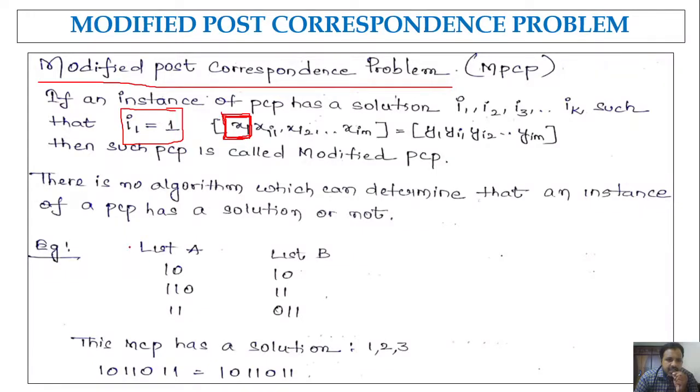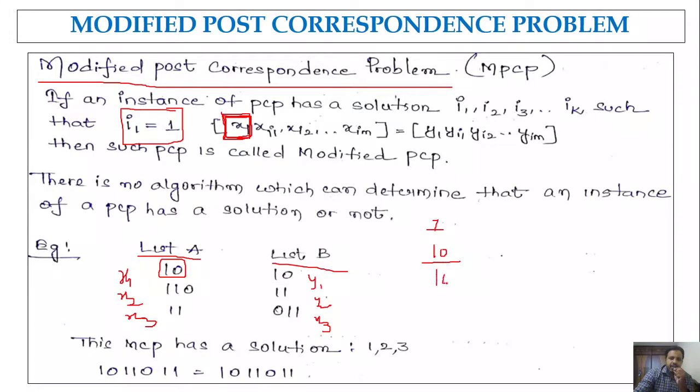To understand, consider that we have a list A and a list B. List 1 has X1, X2, X3, and list 2 has Y1, Y2, Y3. In the Modified Post Correspondence Problem, we definitely have to start with the first index items. If I take the first index as 1, I am selecting X1 in the numerator and Y1 in the denominator.